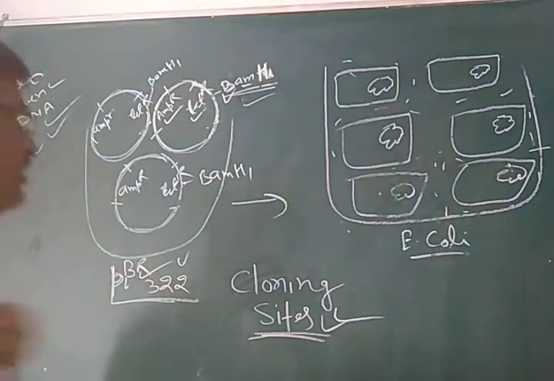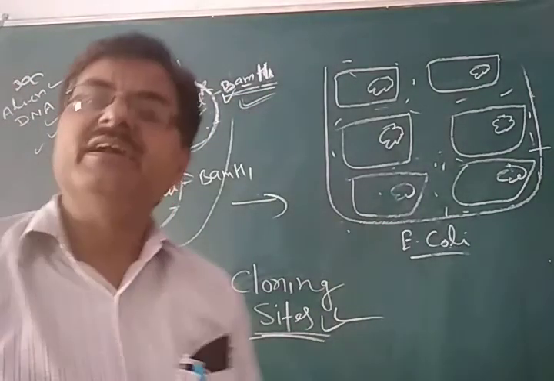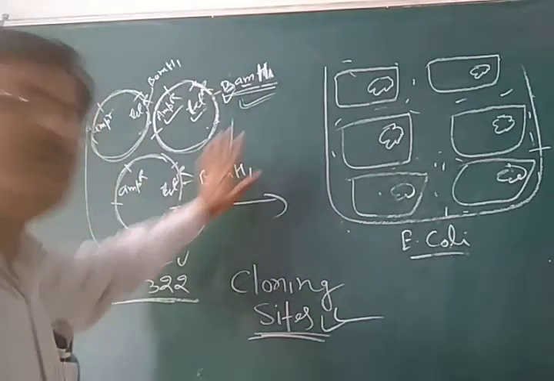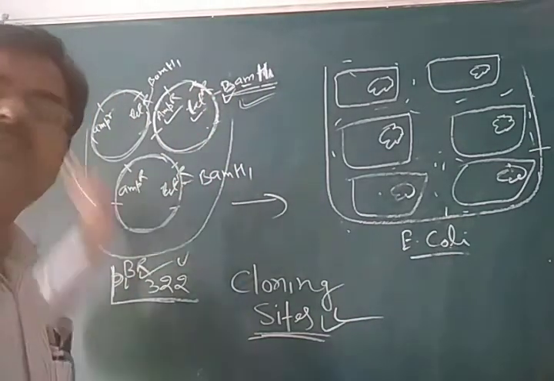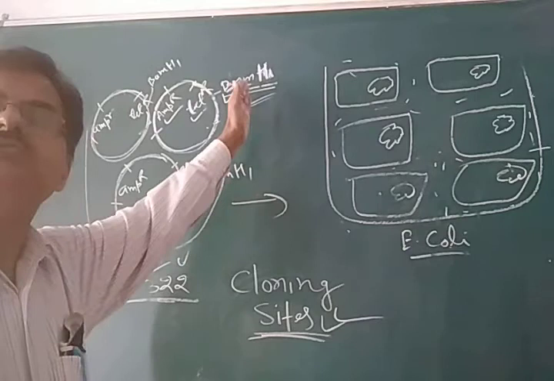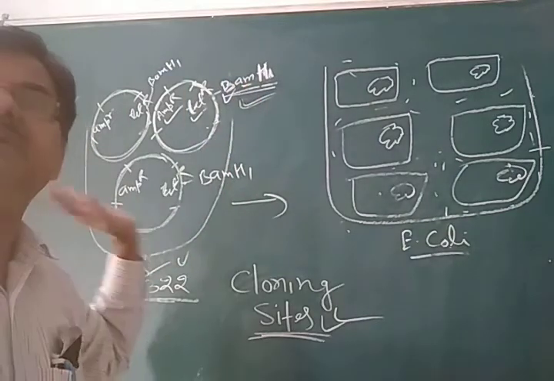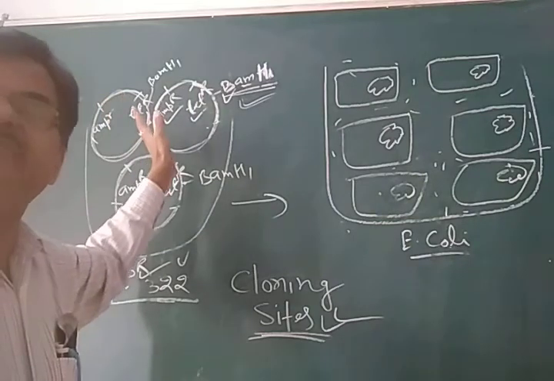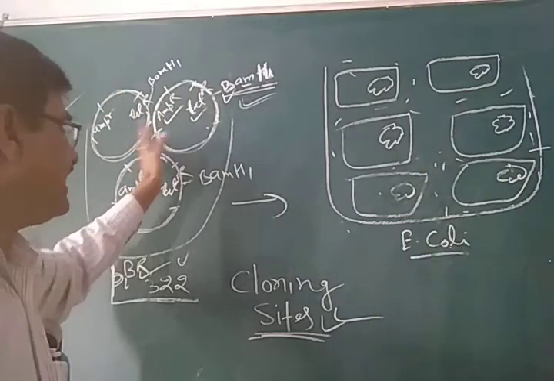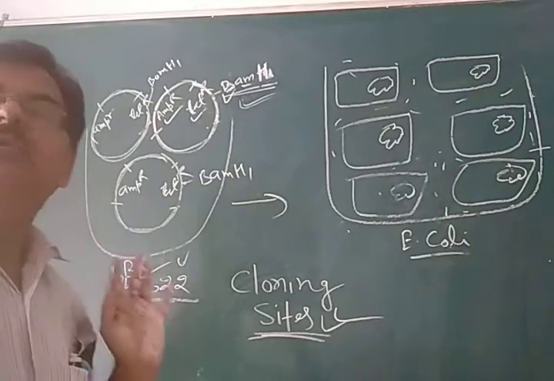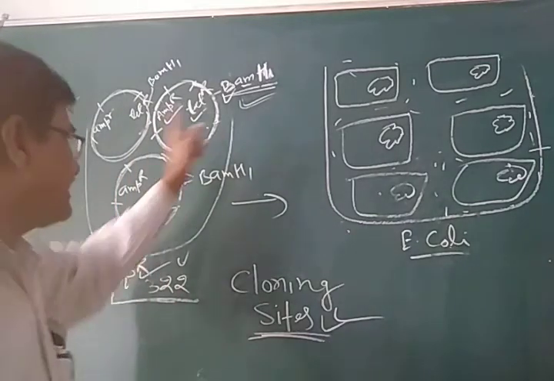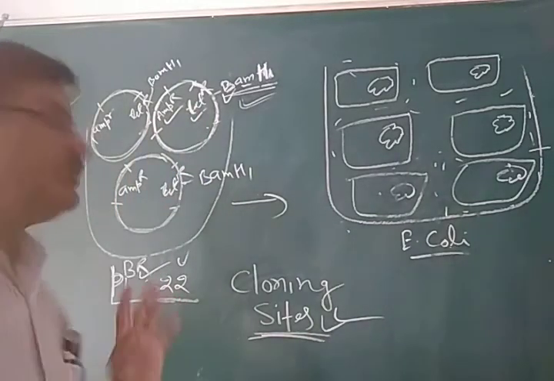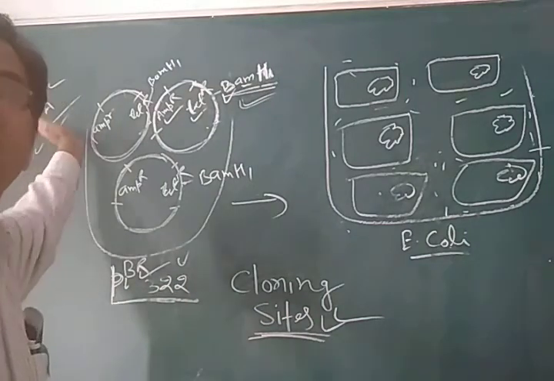So what we do? First we add the BamHI restriction enzyme in this medium. There is a large number of cloning vectors. BamHI recognizes a specific sequence recognition site and cuts these cloning vectors at the tetracycline resistance gene. We have a large number of alien pieces of DNA also.